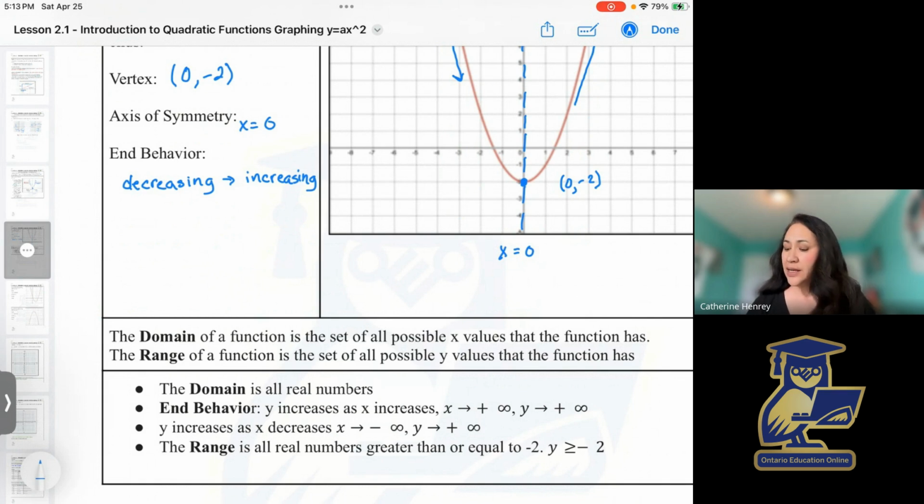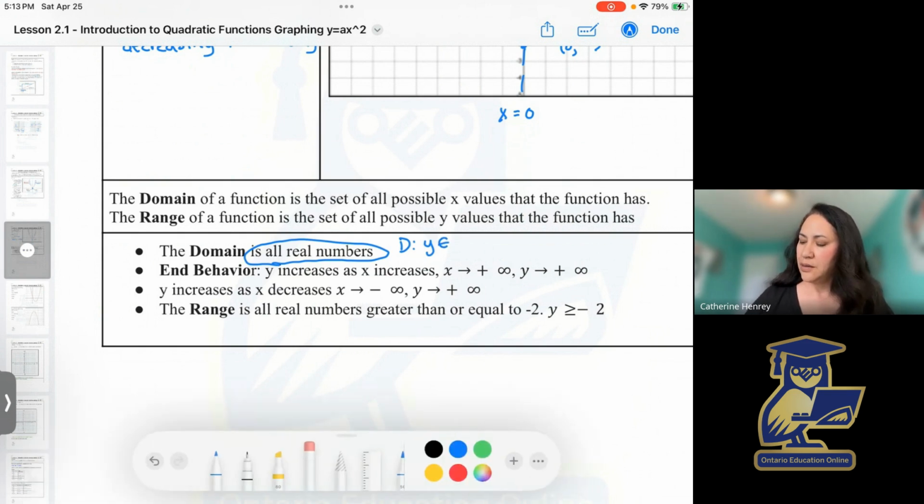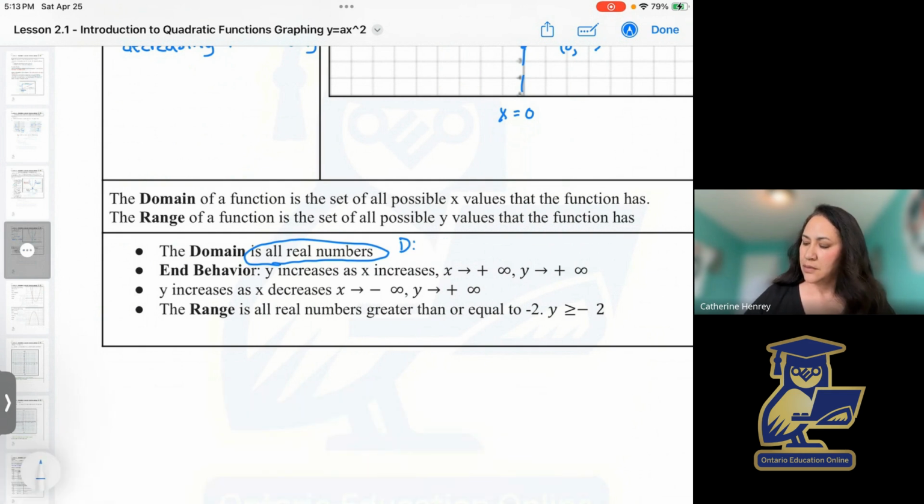Now, for quadratics, the domain is all real numbers. And you can see it written as something like this. Sorry, that shouldn't be a y, that should be an x. So x is an element of all reals.